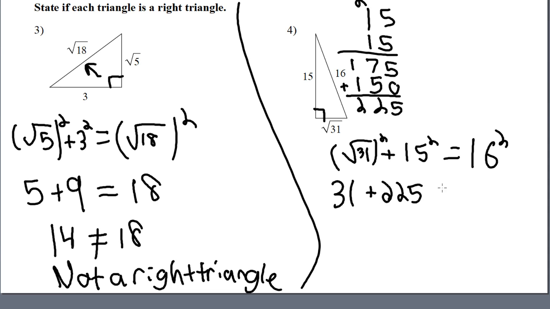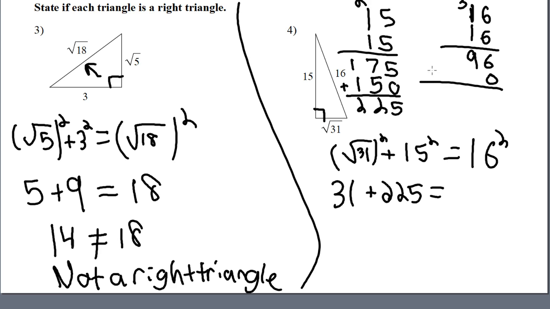So we have 31 plus 225 equals 16 squared, which is just 16 times 16. 6 times 6 is 36, so you bring the 6 down, carry the 3. 6 times 1 is 6, plus 3 is 9.